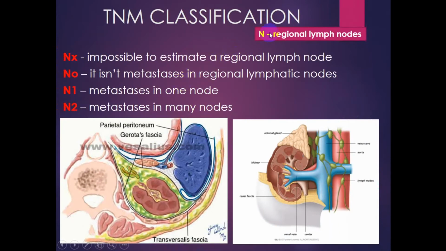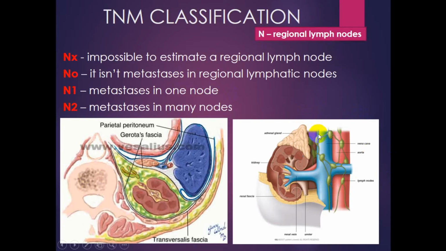TNM classification, the next one is N, regional lymph nodes. If nodes are impossible to estimate, it's NX. N0: no metastasis in regional lymph nodes. We should know that lymph nodes are very numerous.